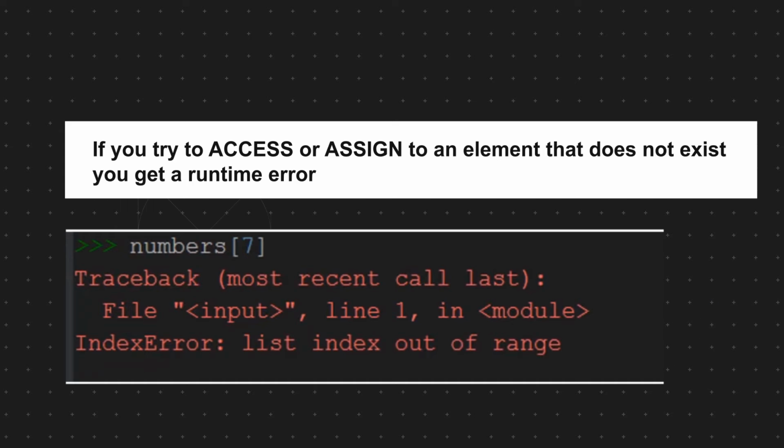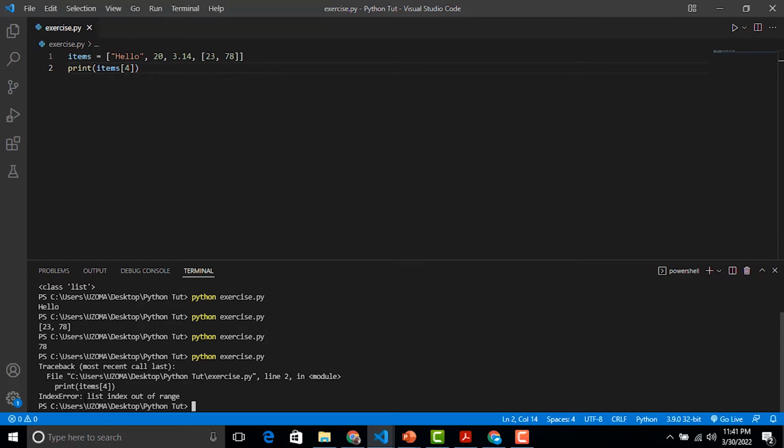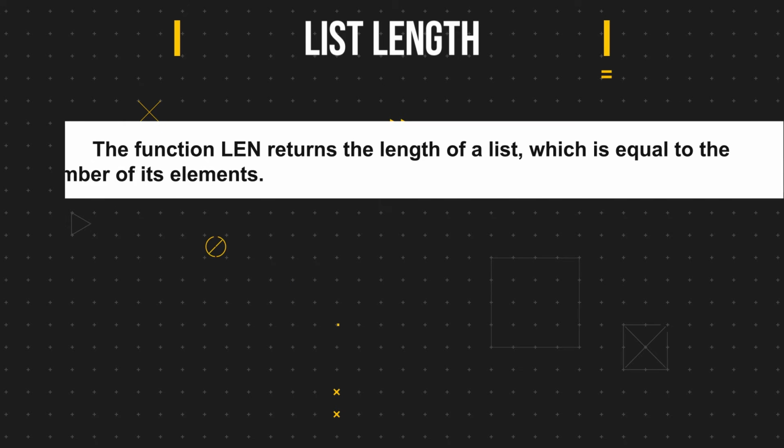Here the highest index is 3, but if I go for index 4, I am going to be met with an error telling me that the list index is out of range. Let's take note of that.